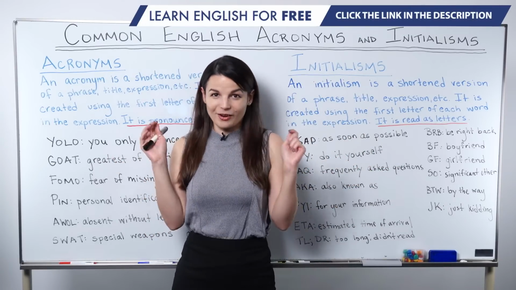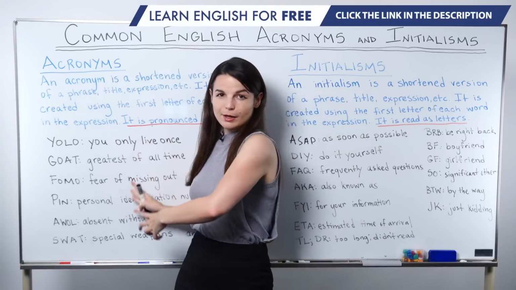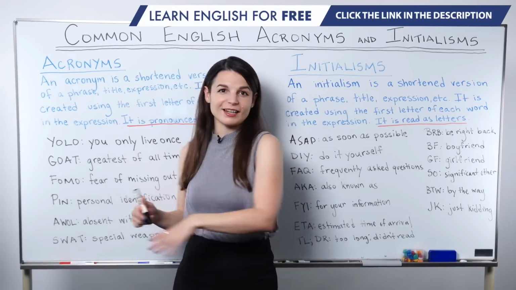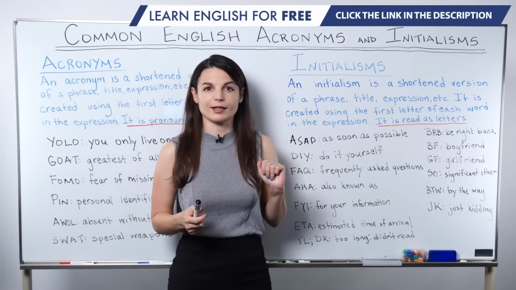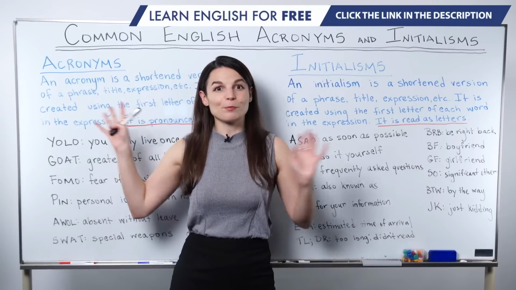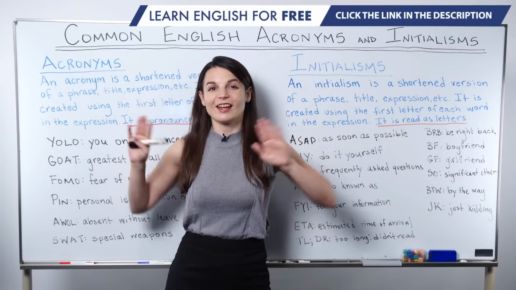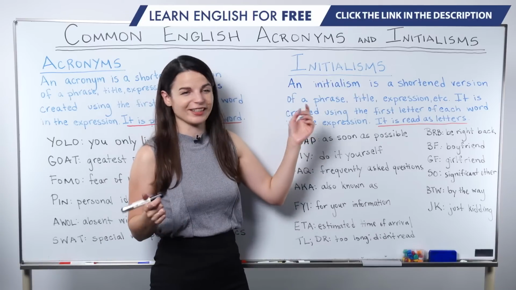But some people are very strict about this and say acronyms are only words that we pronounce as a word, and initialisms are only these abbreviations we pronounce with letters. So don't be too worried about this, but please just know that some people have a very strict separation of these two groups. So initialism, I've already hinted at it.